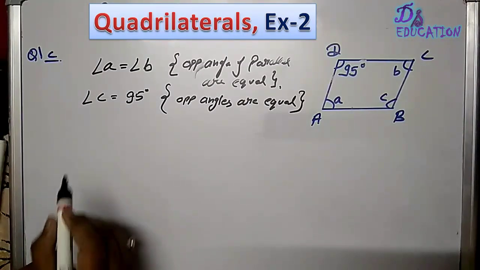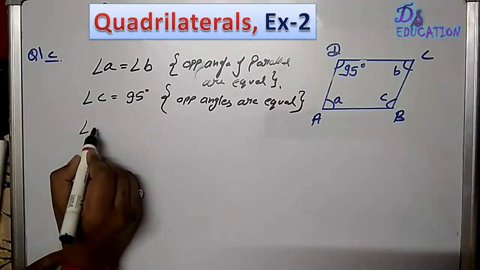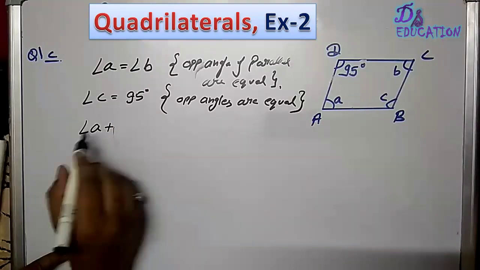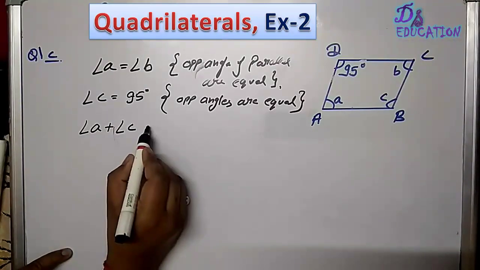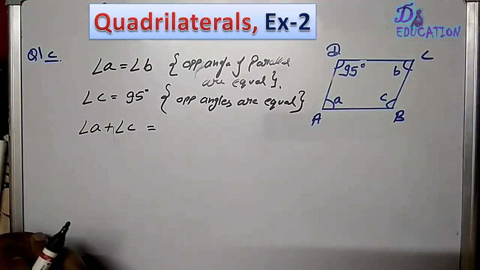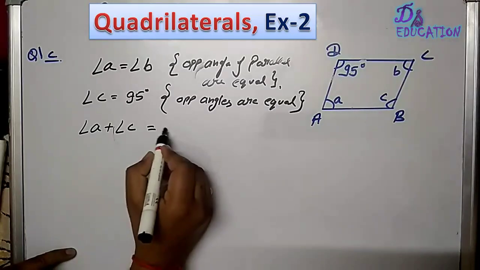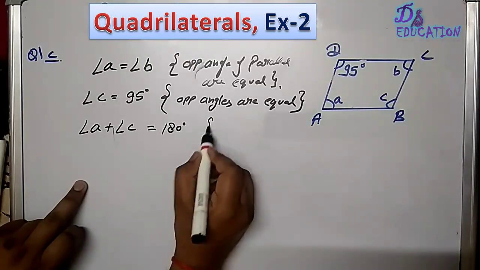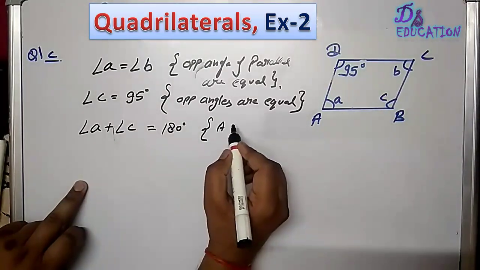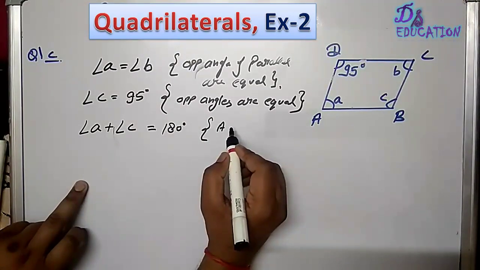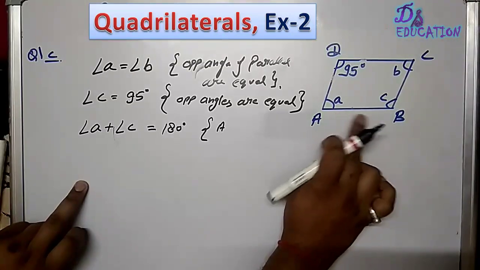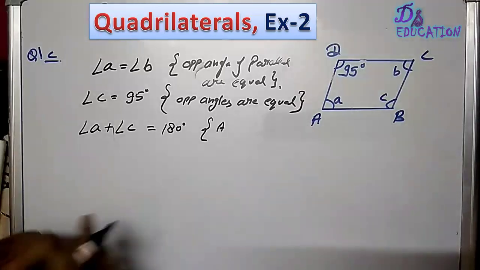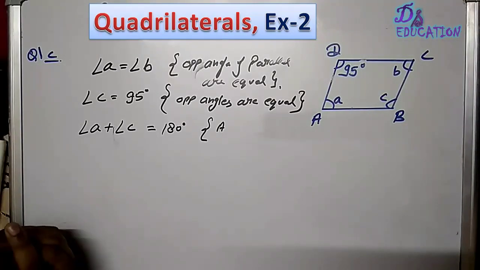Now another thing, if you see angle A plus angle C, angle A plus angle C is equal to 180. Why? Because they are adjacent angles, or we can say they are co-interior angles.